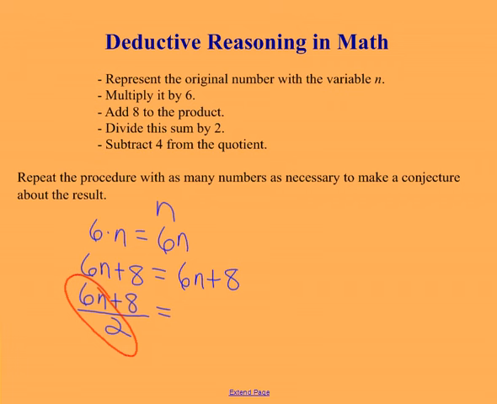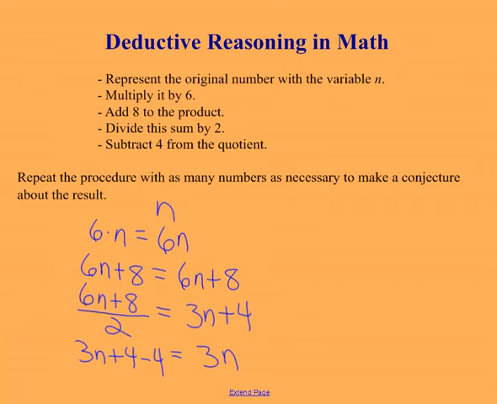And then 8 divided by 2 is 4. So we end up with 3n plus 4. Then our final step in the process is to subtract 4 from the quotient. So 3n plus 4 minus 4. The 4 minus 4 is 0, so this ends up giving us just 3n.